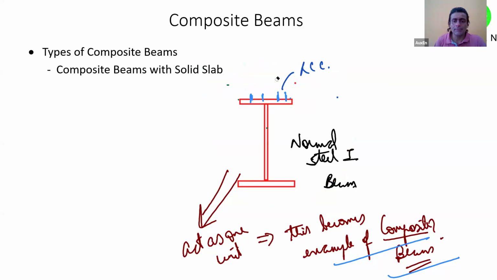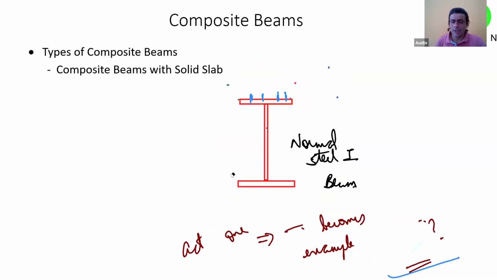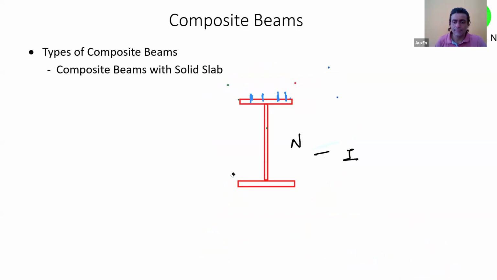What is the meaning of deck slab? I'll show it to you in the next image that follows. This deck slab thing I'll tell you in the next slide because I have an image over there. If I were to put my concrete, although it's not very common, if I were to put my concrete like this over here, then this becomes an example of what?